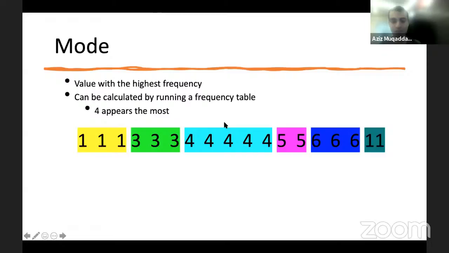So that's the median and the difference between the median and the mean. Then we have something called the mode, which is also similar. The idea is to summarize the sample more faithfully or accurately by looking at the value with the highest frequency. Here, for instance, we have 1, 1, 1, 3, 3, 3, 4, 4, 4, 4. The people who scored 4 were the plurality of the sample, so 4 will be the mode, the value that appeared the most.